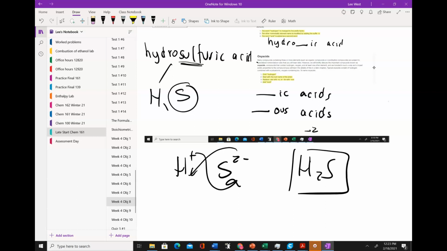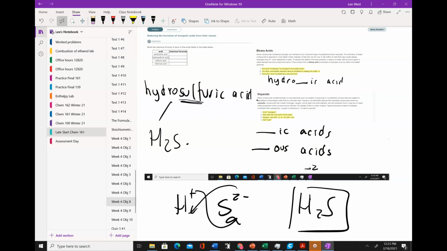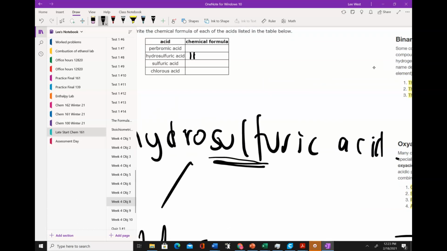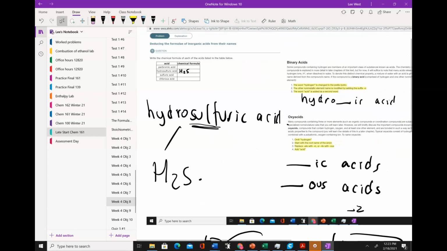So this guy here, hydrosulfuric acid, is going to have the formula H2S. So we got one of them, H2S, right? There we go. H2S.